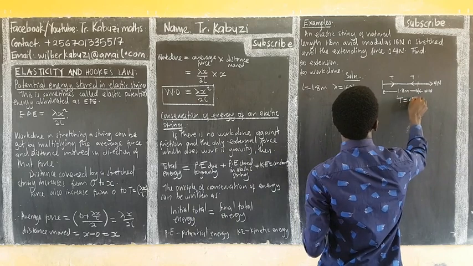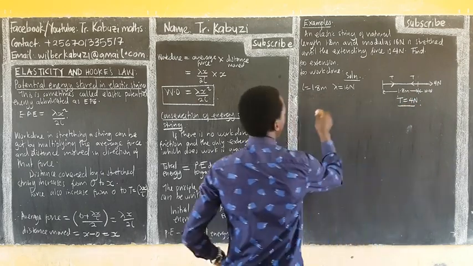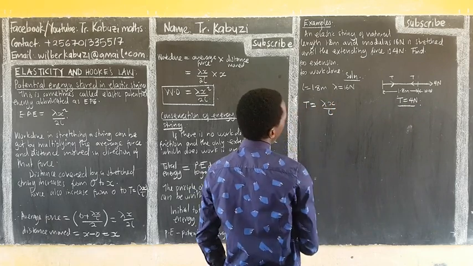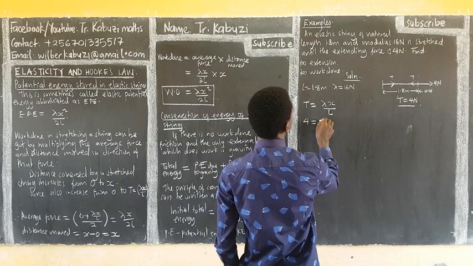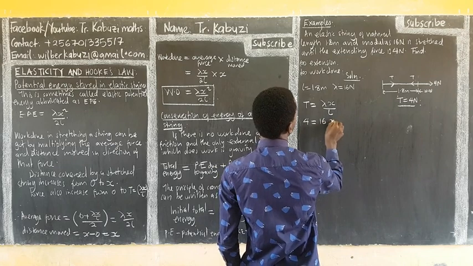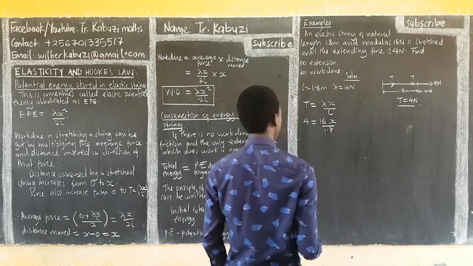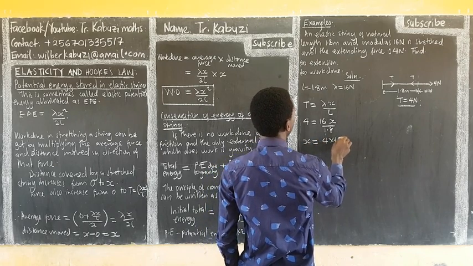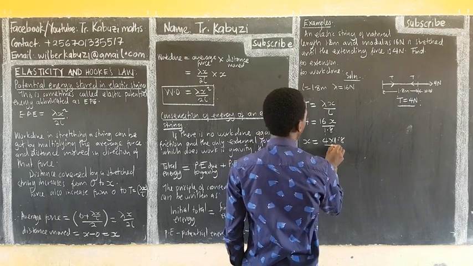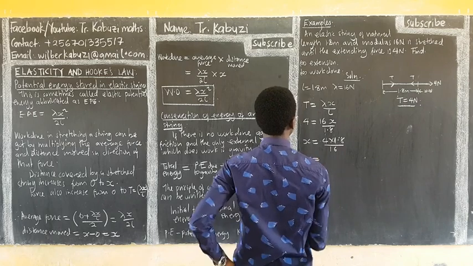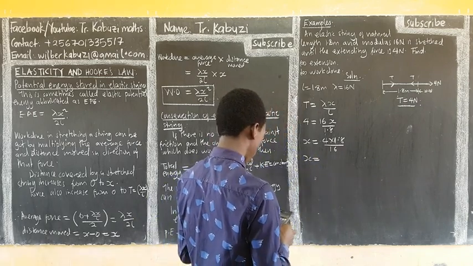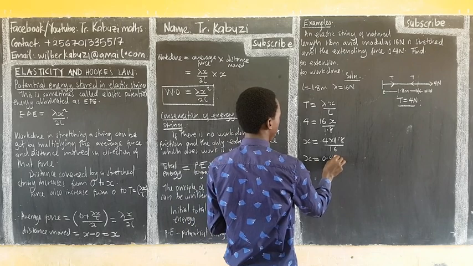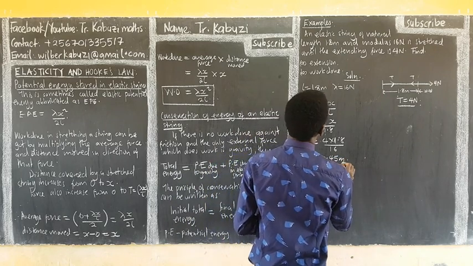Our T is equal to 4 newtons, and T is equal to lambda x over L. So 4 equals 16 times x over 1.8, so x is 4 times 1.8 over 16, and so x is 0.45 meters. This is the extension, our part A.